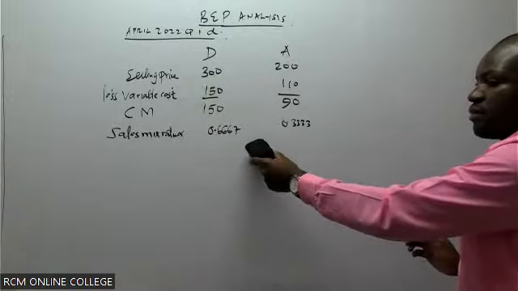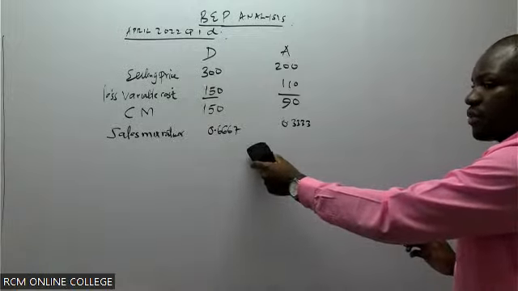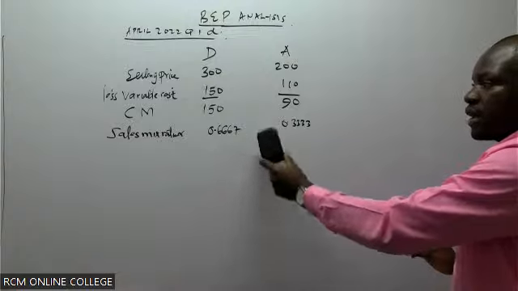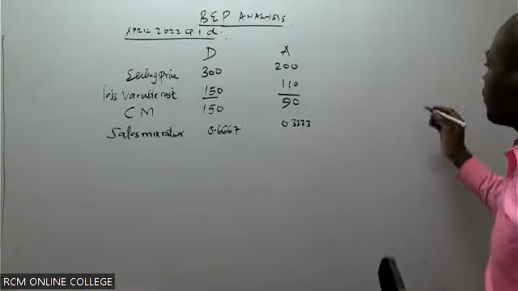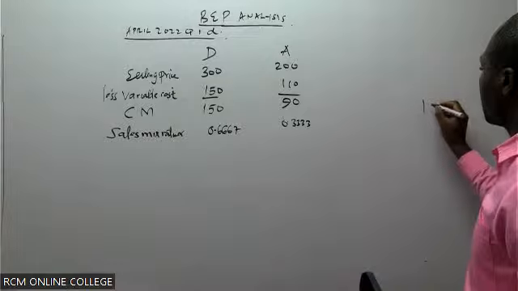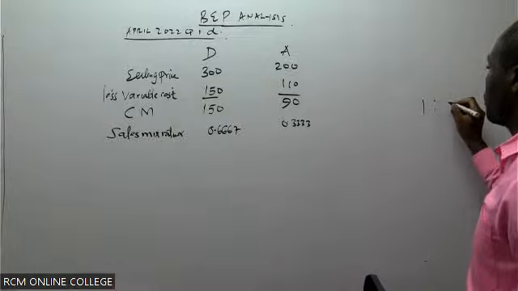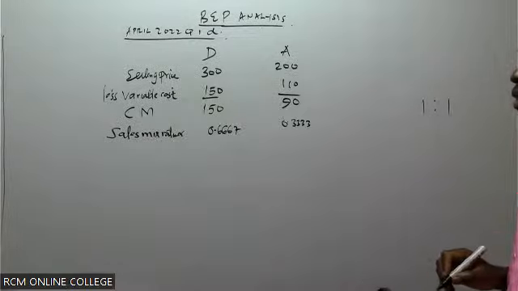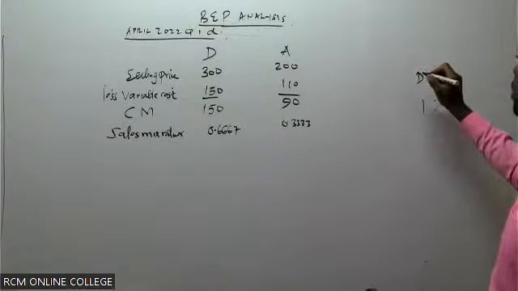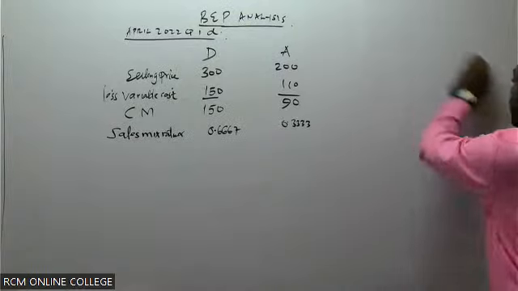So look at this. This is the sales mix ratio that we are having. So we have a ratio of 1 to 1. Let's say this is D, or let me bring in a different one.